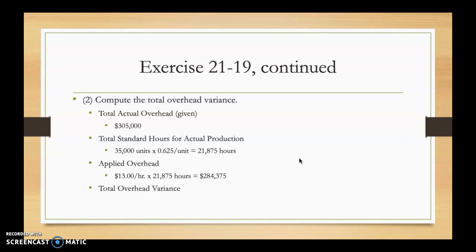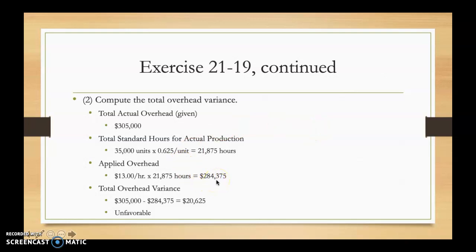Finally, we can come to the total overhead variance, which is going to be found by taking that $305,000 at the top of the slide of the total actual overhead and subtracting the applied overhead of $284,375 that we just calculated. And this would be an unfavorable number as our applied overhead is only about $284,000.